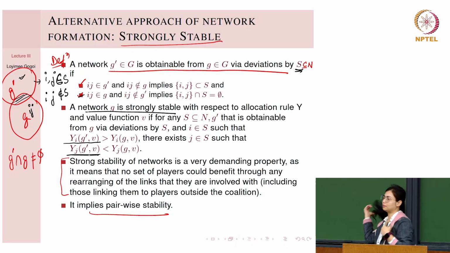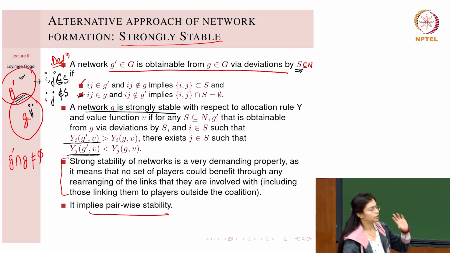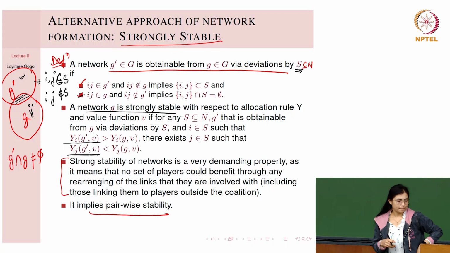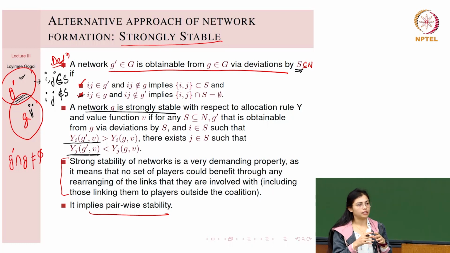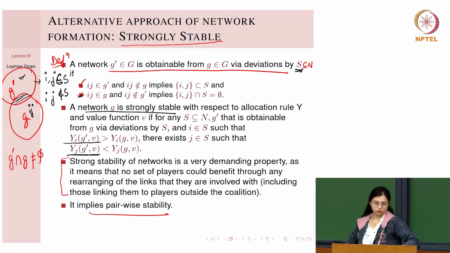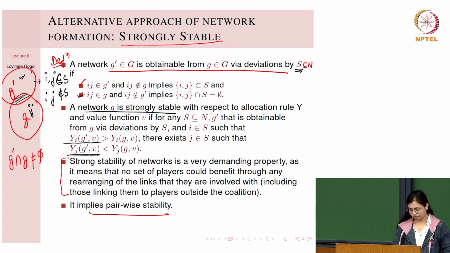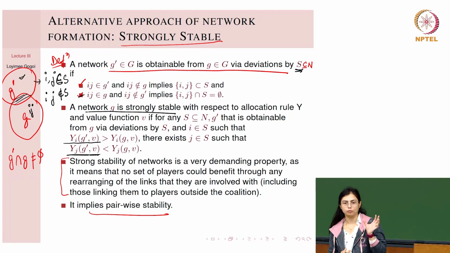So somehow its meaning is that some particular players want to rearrange if they are benefited after rearranging their network structure. That is what they are talking about, the involvement.